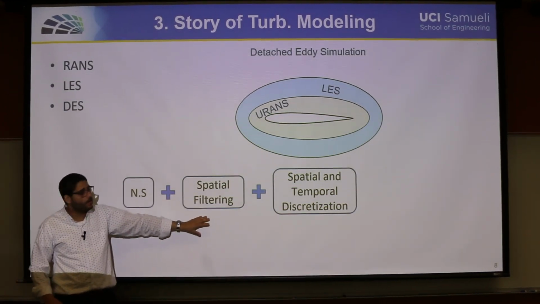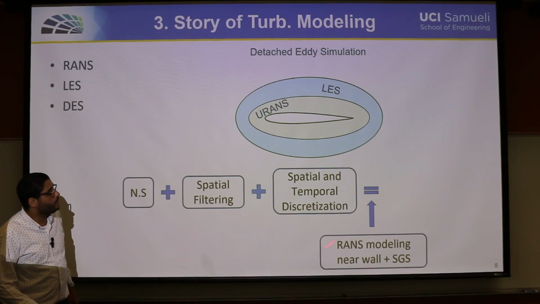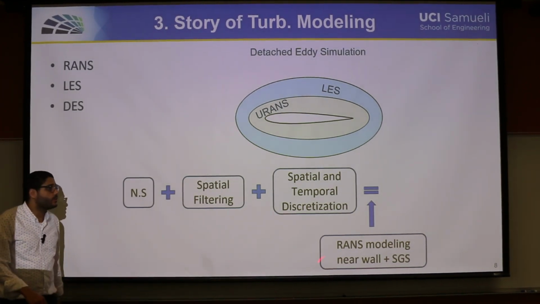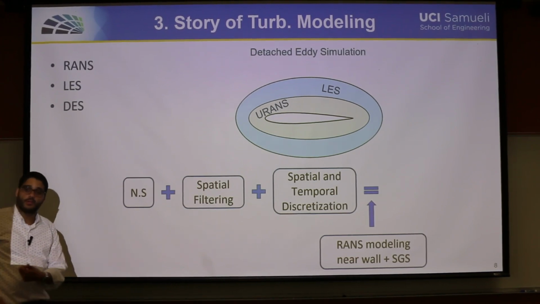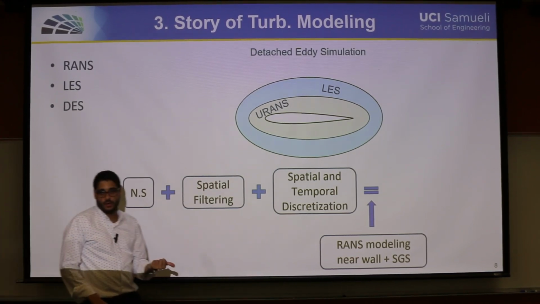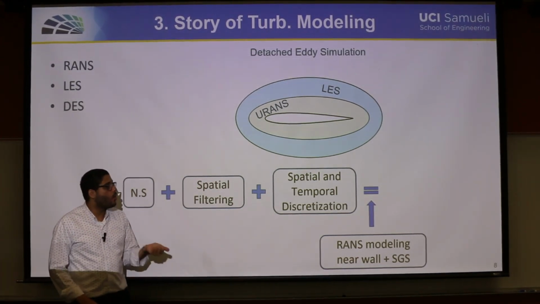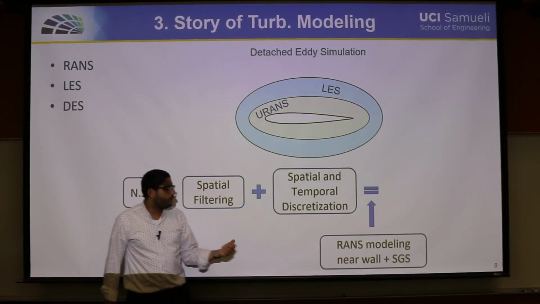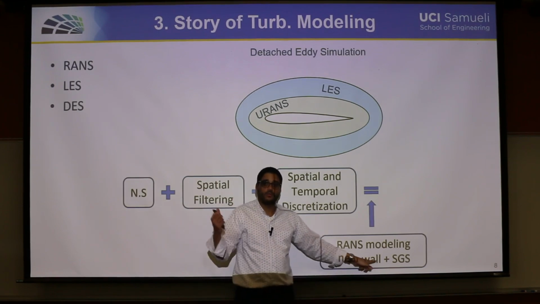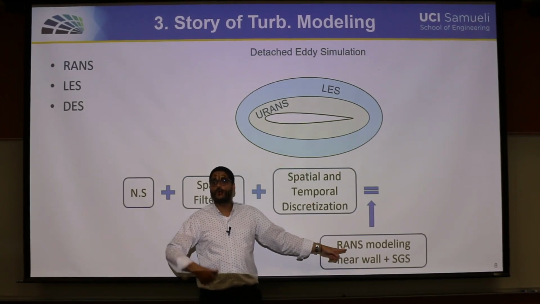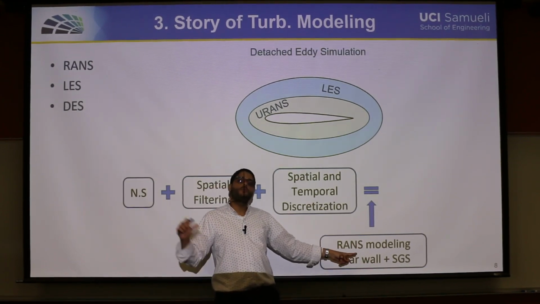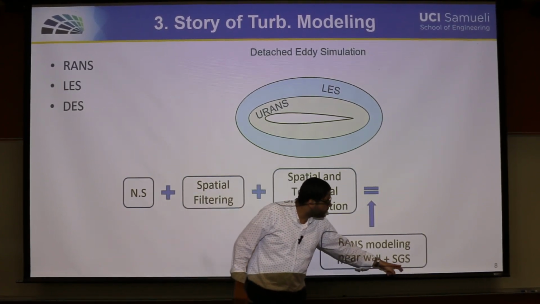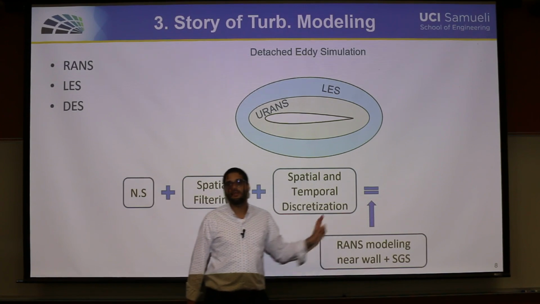we're doing LES now. Remember here we had the subgrid scale modeling. Now instead of just having the subgrid scale models, we have the RANS model as well. And the whole clever idea about the DES simulation is that the RANS model, which is k-epsilon or k-omega or whatever, could actually be used as if it is the subgrid scale modeling for the LES solver.